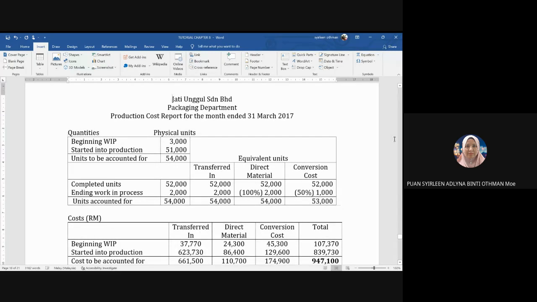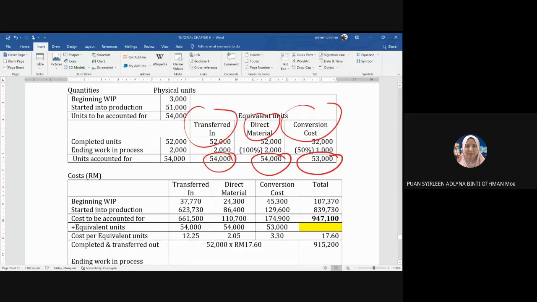For packaging we will have 3 elements. Alright, so 54, 54 and 53. The EU is brought here. So the cost for 1 unit is RM17.60.